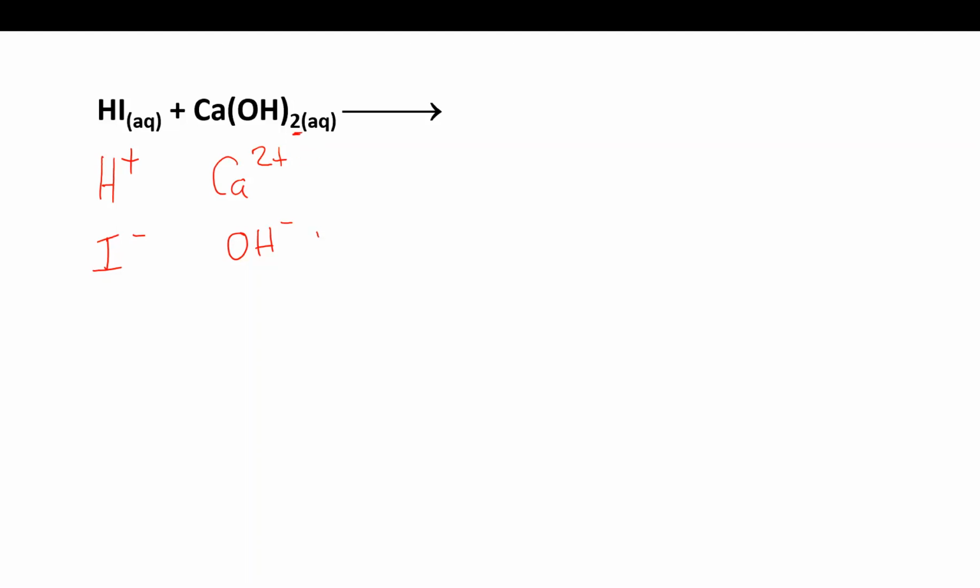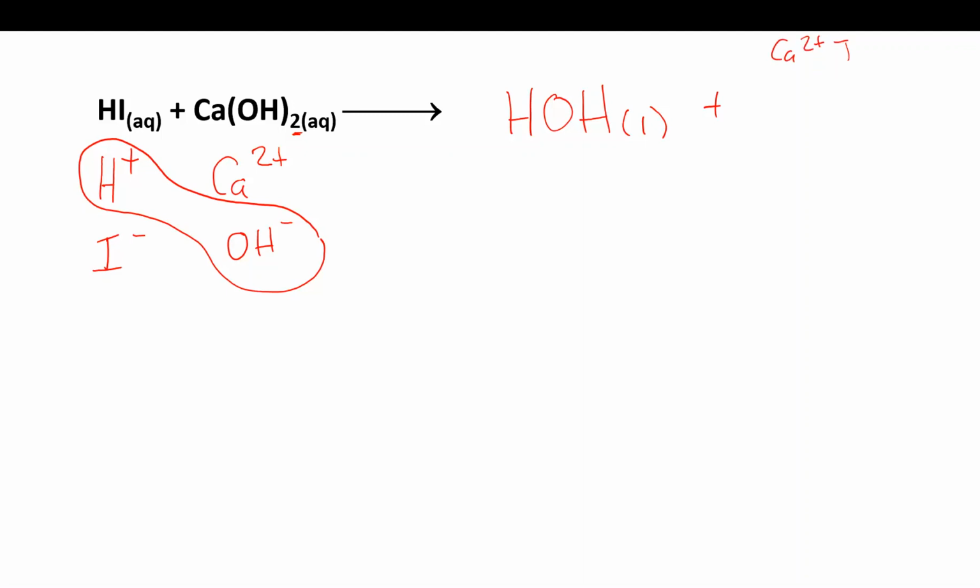So when we do-si-do, we still have the HOH for the water. And now for the calcium iodide, right? If calcium is 2 plus and iodide's -1, if I crisscross, I get calcium iodide.